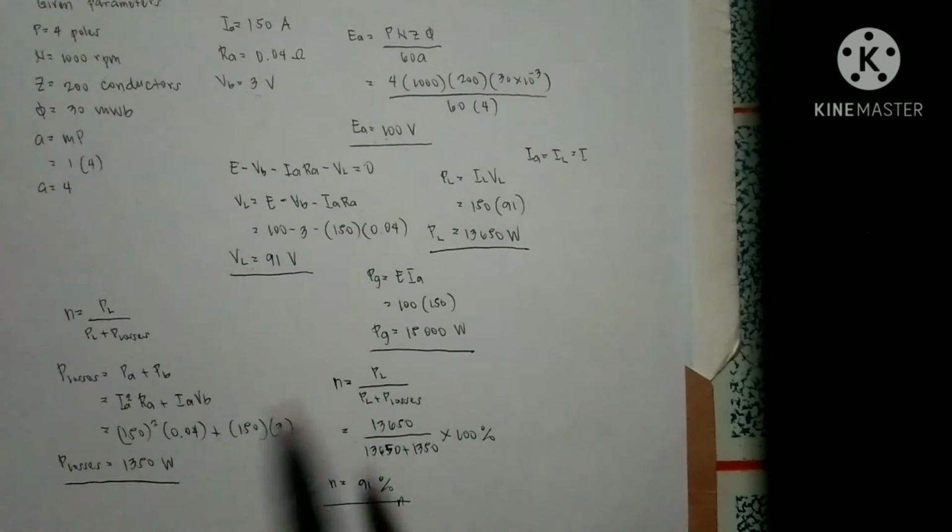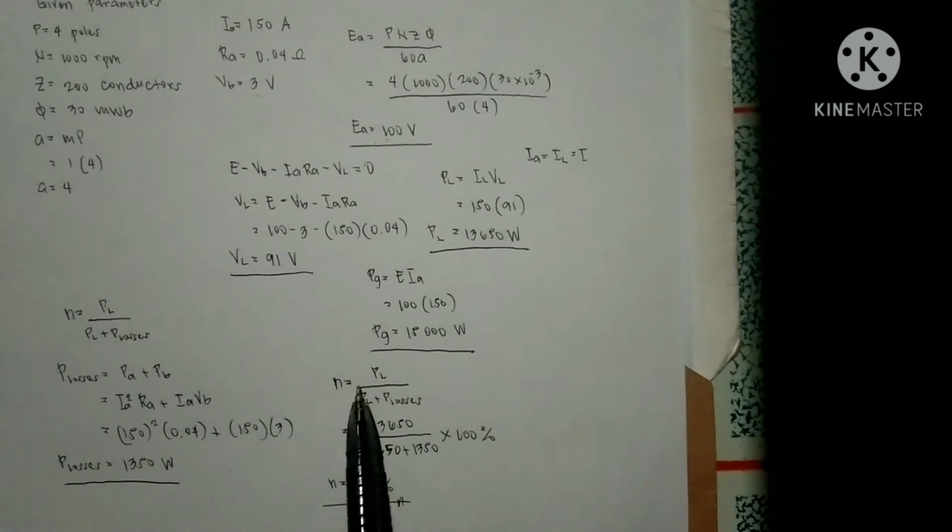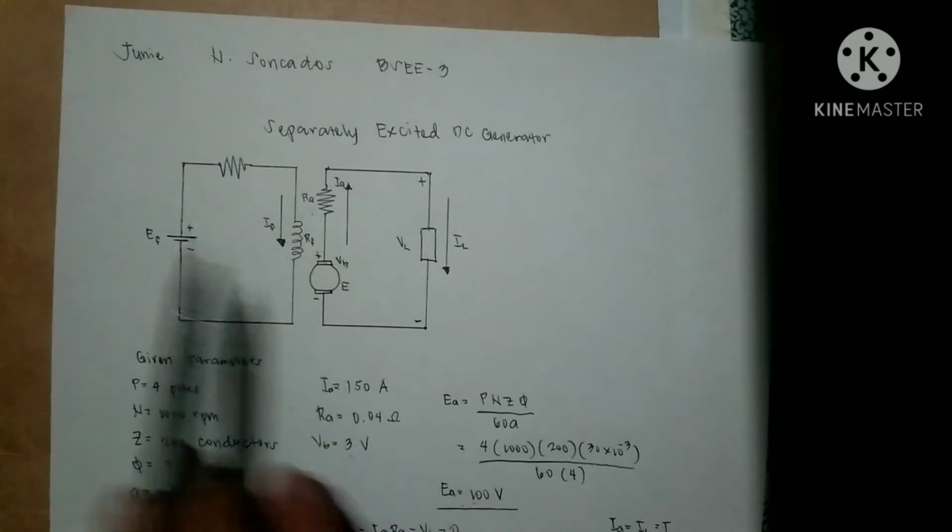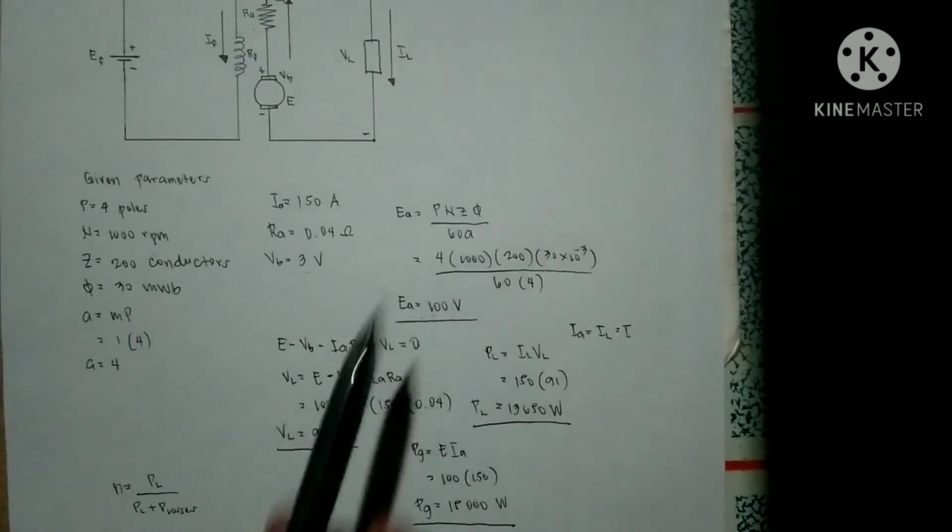Upon finding the efficiency, we simply use the formula, efficiency is equal to PL over PL plus P losses. Since we don't know yet the total power losses of the generator, we must solve it first.